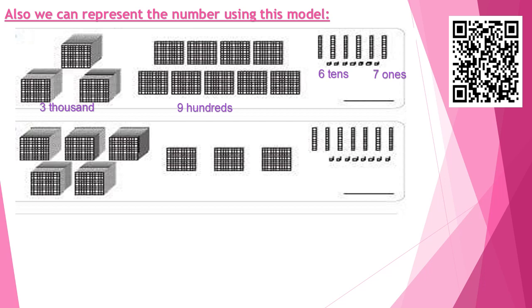Let's write our number. I have 3000, it means I will put 3 in thousands place. 9 hundreds, I will put 9 in hundreds place, 6 in tens place, and 7 in ones place. So my number is 3,967.